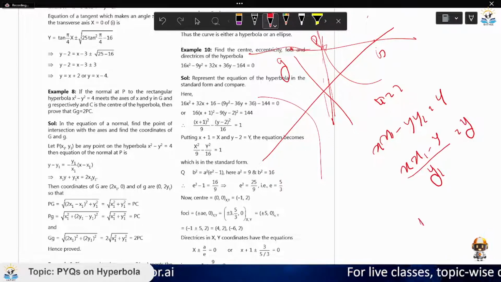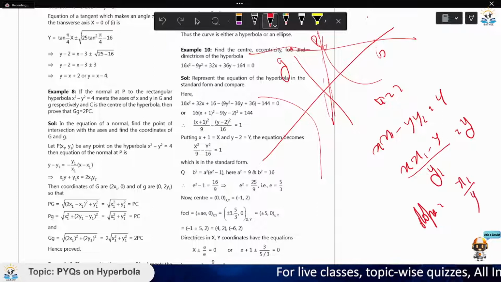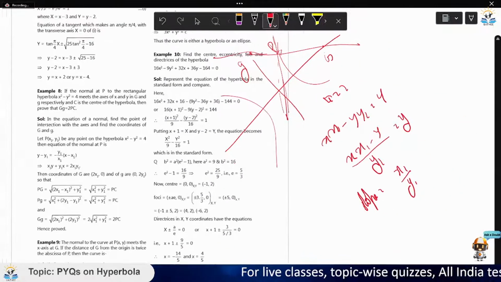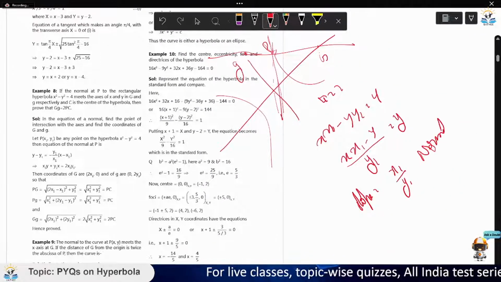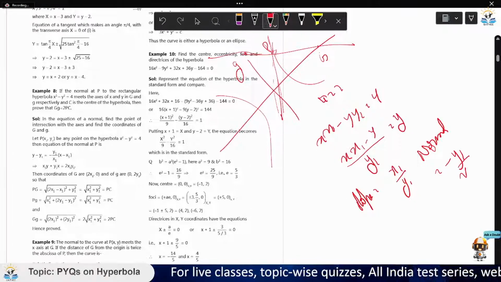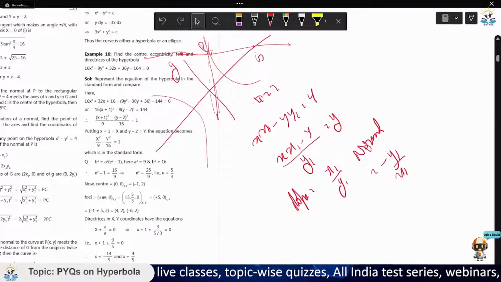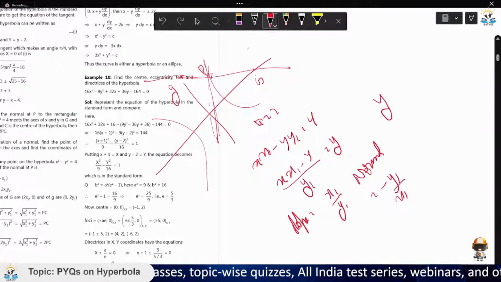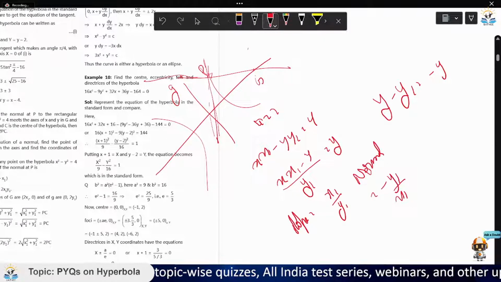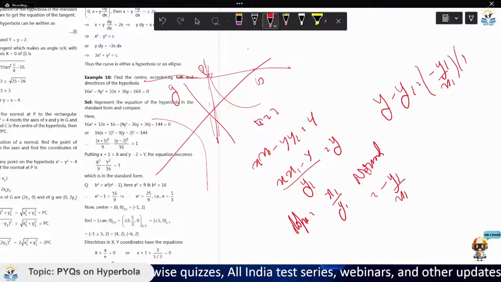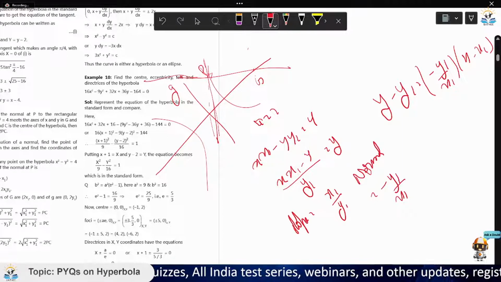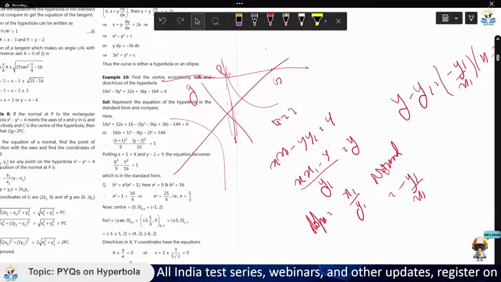So my slope becomes x1 by y1. So my normal slope would be minus y1 by x1. And the equation would be y minus y1 is equal to minus y1 by x1, x minus x1. So this is what it is.